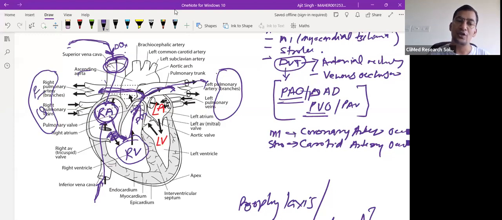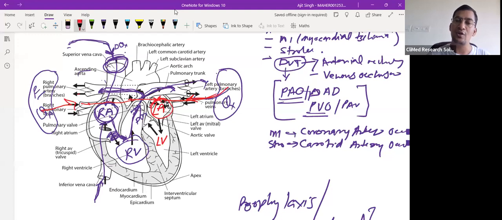It is getting oxygenated on both sides, and from here the oxygenated blood is entering the LA through the pulmonary veins.